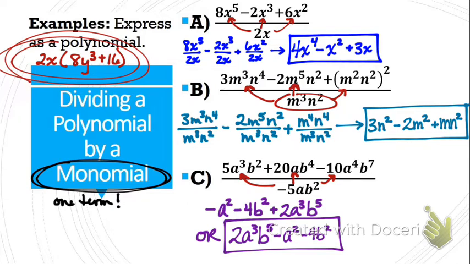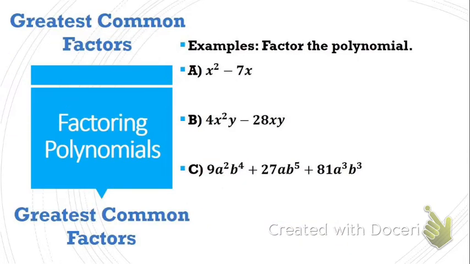All right. Let's talk about some GCFs. What are GCFs? Greatest common factors. Whenever we factor, this needs to be your first step, checking for a GCF and pulling it out before you go forward any further in the problem.